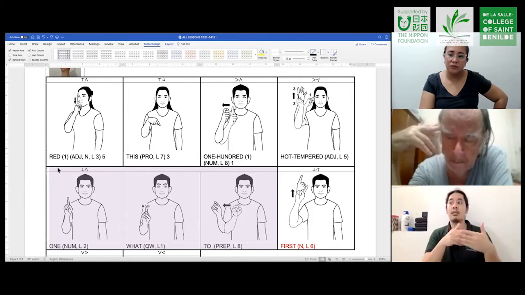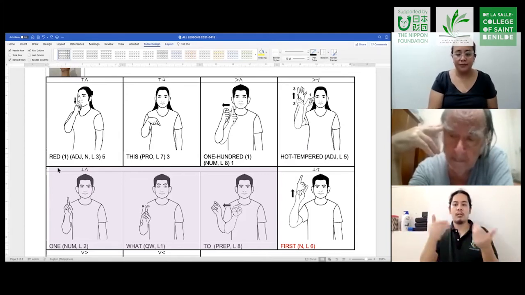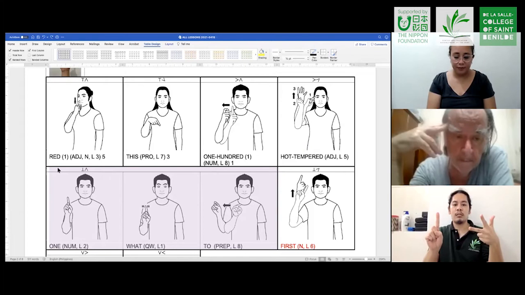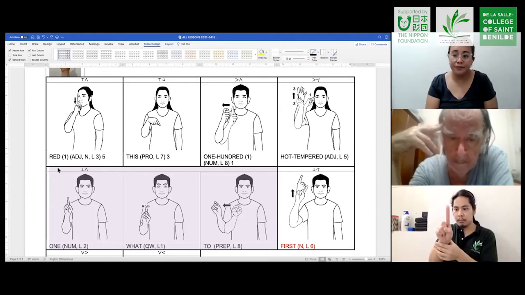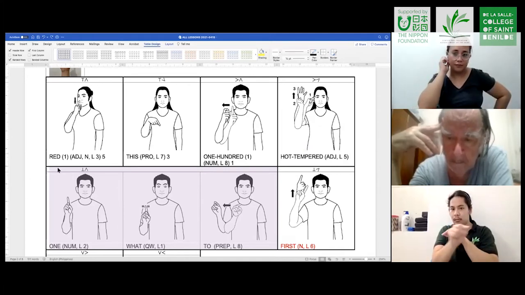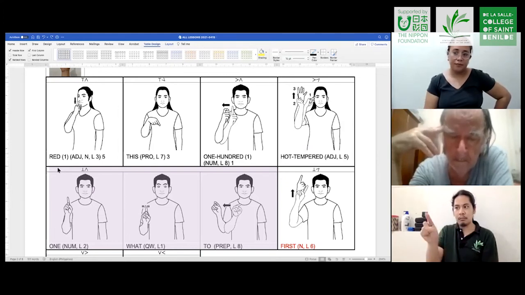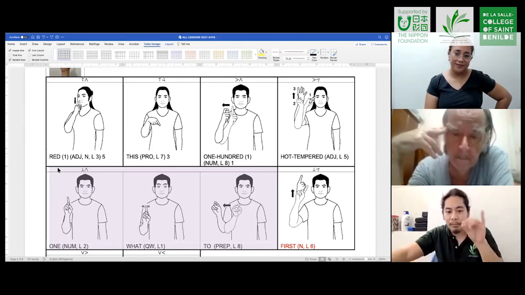So 100 doesn't have any movement. It just is oriented to the left. And the next one is just one, right? And then what has the movement? And then two is orientation. But again, it might be different because we might have to change that based on the discussion about the straight finger and the bent finger. Anyway, I have to think about that.